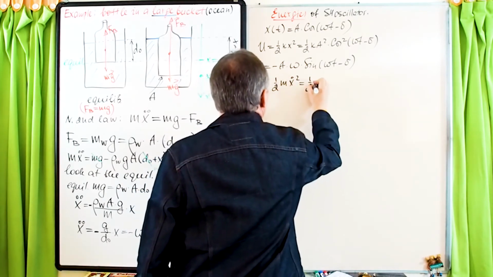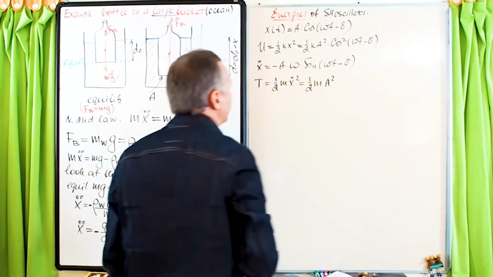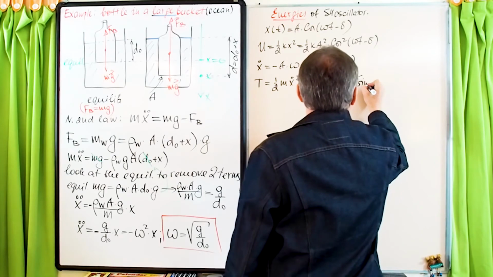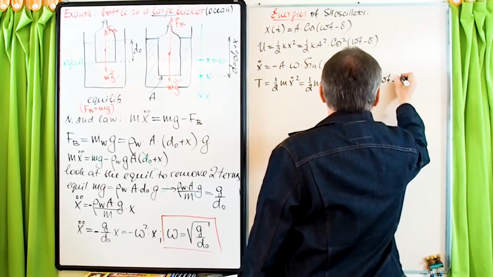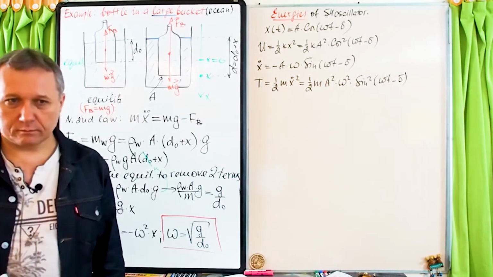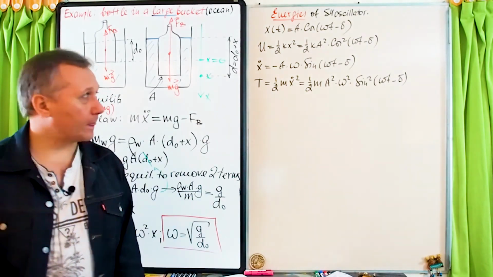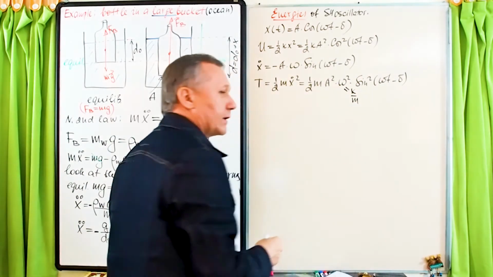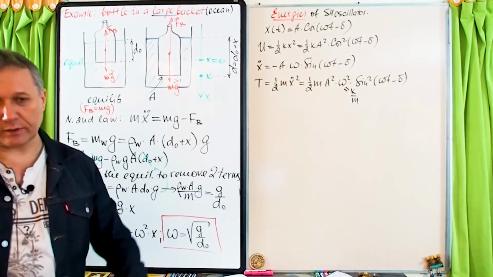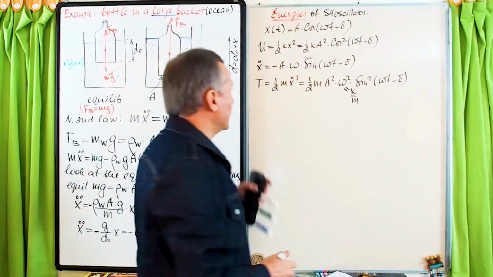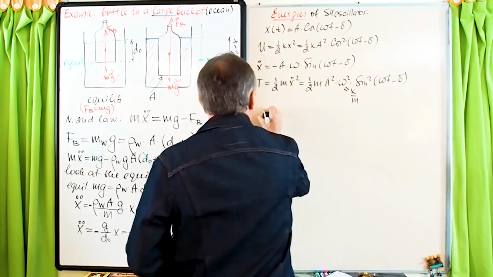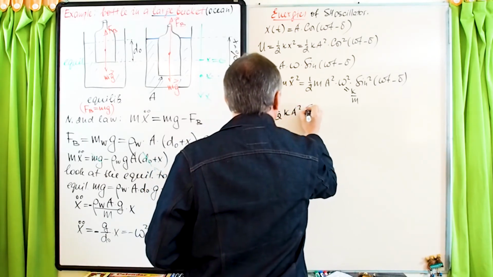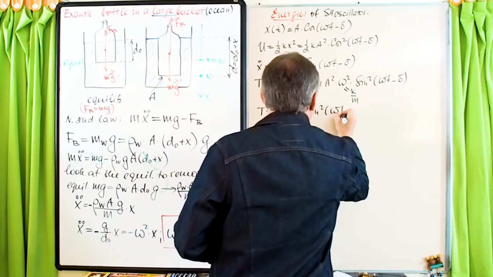So it will be, of course, 1 over 2 m a squared omega squared sine squared of omega t minus delta. Okay, omega squared is k over m. So this is k over m, whatever k is for your system. So m gets cancelled, and as a result, kinetic energy equals 1 over 2 k a squared sine squared omega t minus delta.